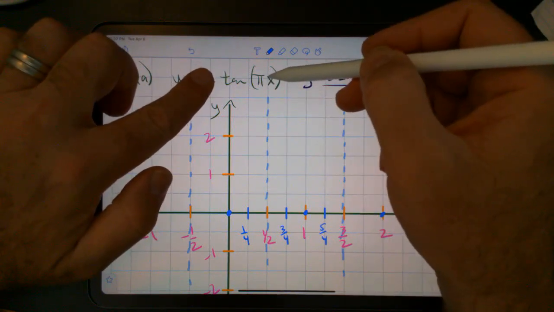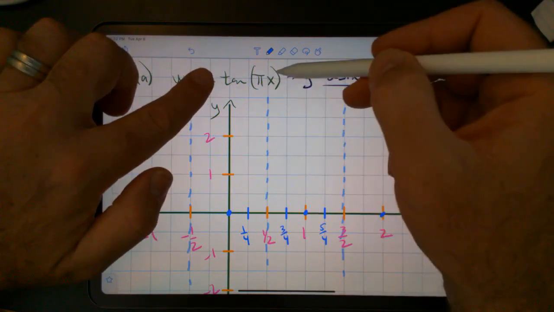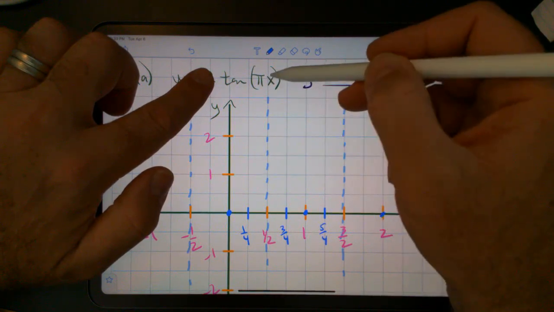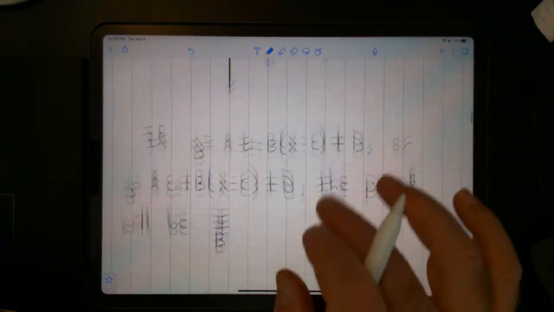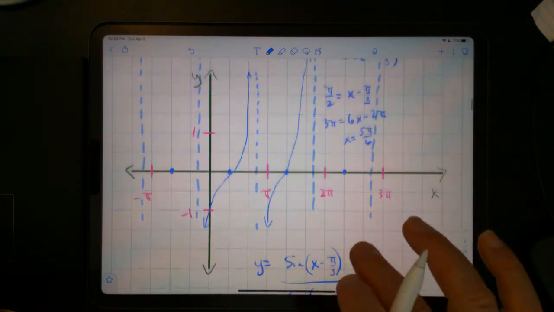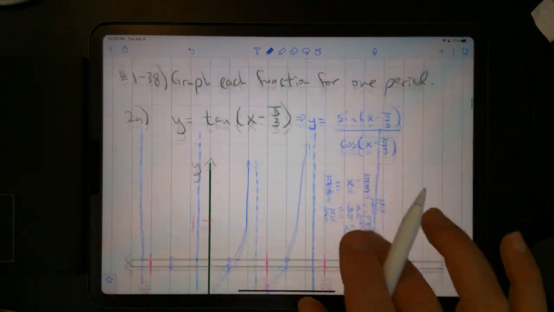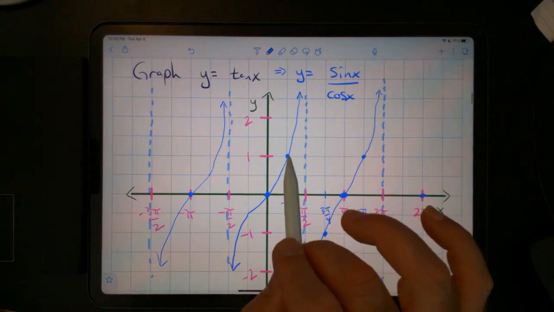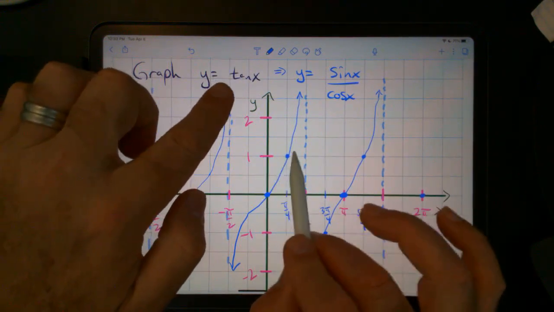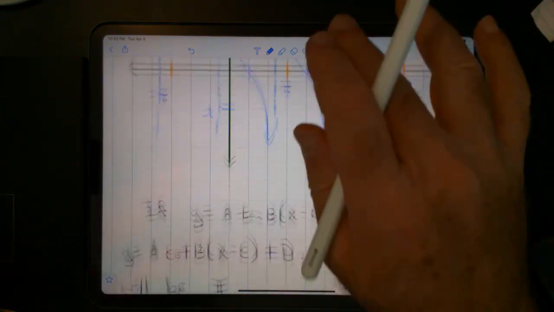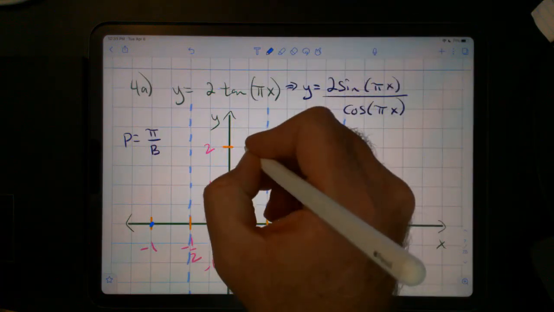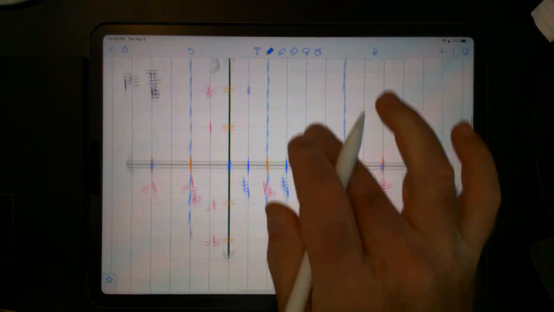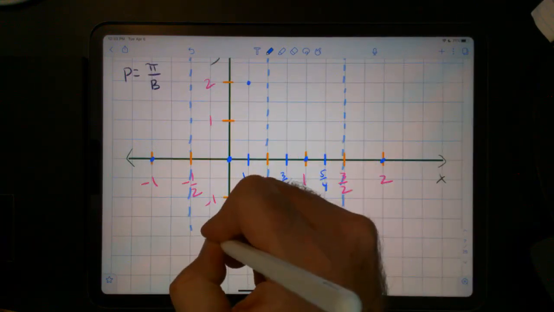Tangent of pi over 4 is 1. 1 times 2 is 2. And so whereas in the previous graph, the amplitude, if you may, is 1, because this is a 1. What's going on down here? This is a 2 and a -2.